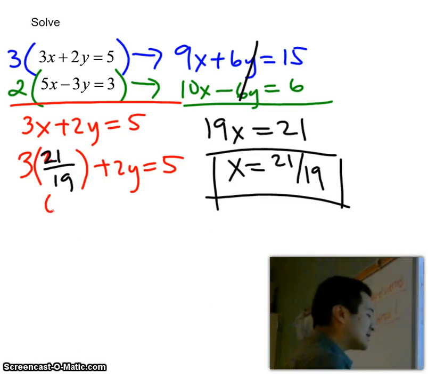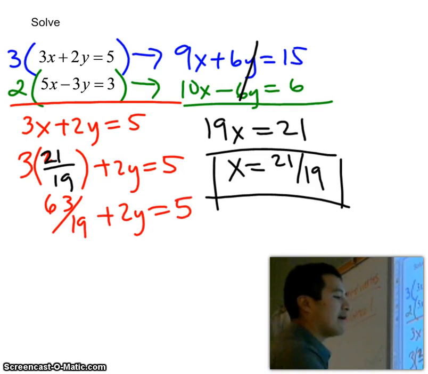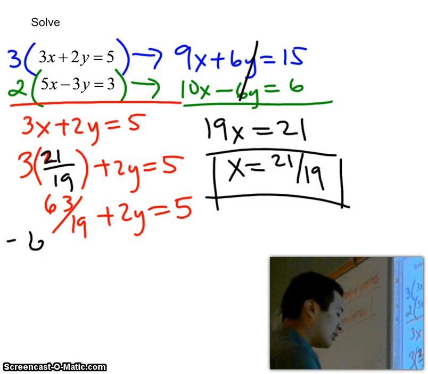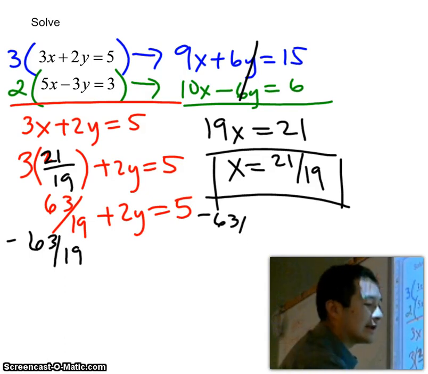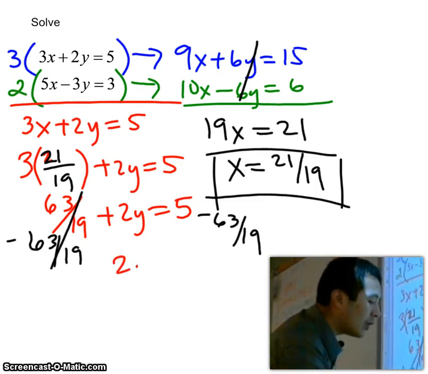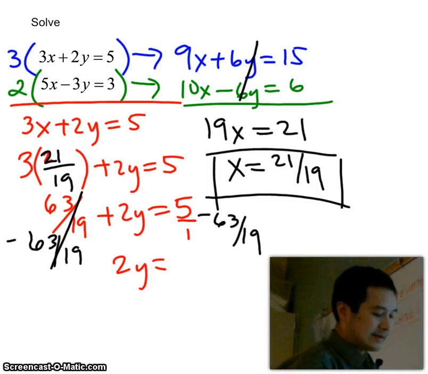Multiply that. That becomes 63 over 19 plus 2y equals 5. Minus 63 over 19 on both sides. This goes away, leaving 2y equals 5 with a common denominator. Looks like 19.